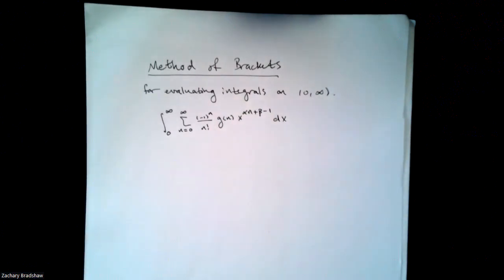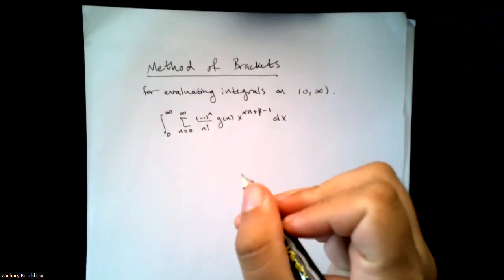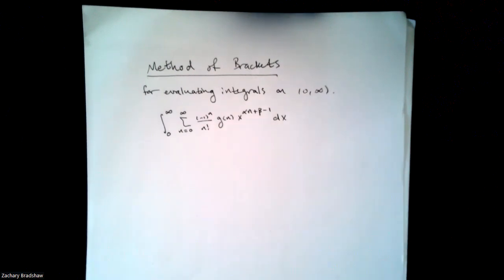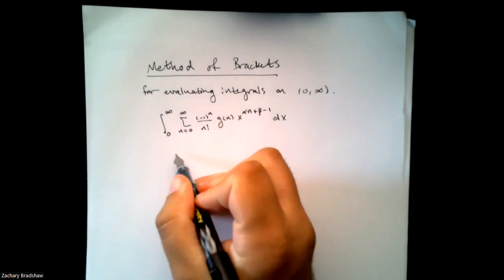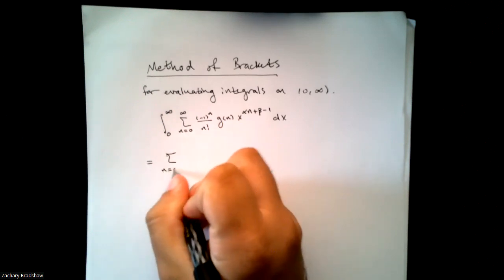This minus 1 here is to make what follows look a little nicer. The method of brackets tells us to treat this summation as if it converged well enough to move it outside of the integral. In other words, let's forget about convergence issues and just move this sum outside.